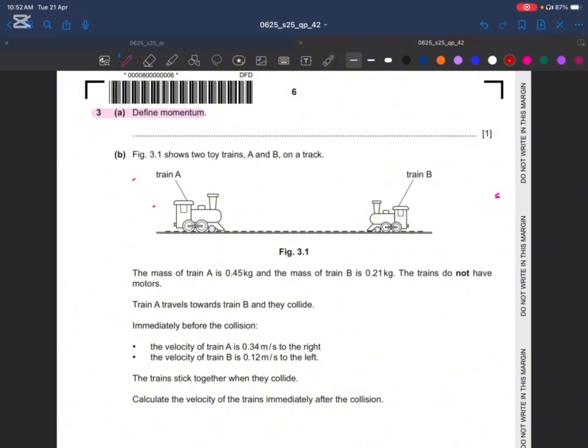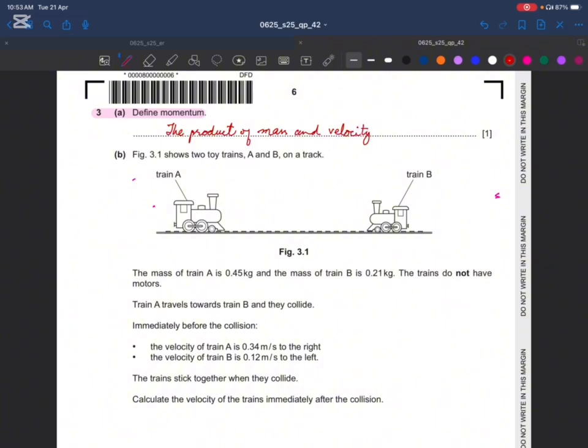And the simple definition of momentum is the product of mass and velocity. So this is simply the definition of momentum.